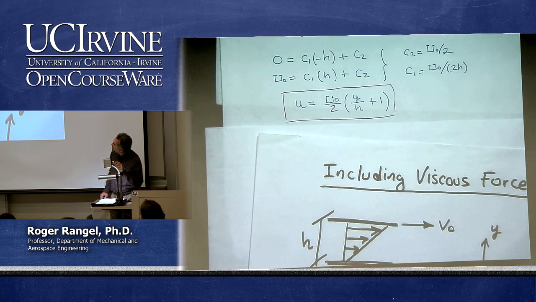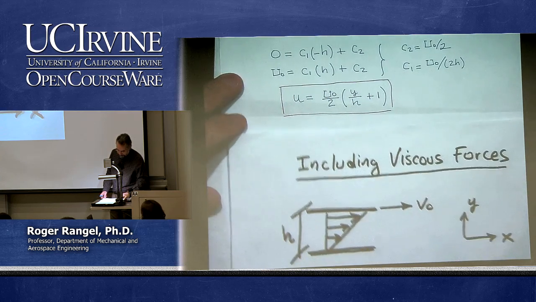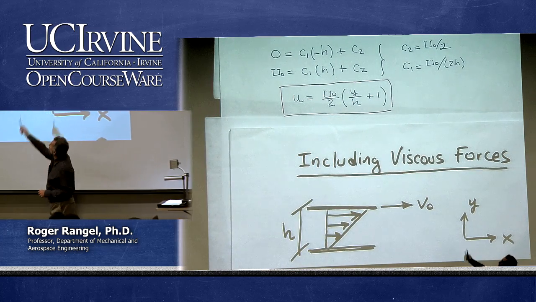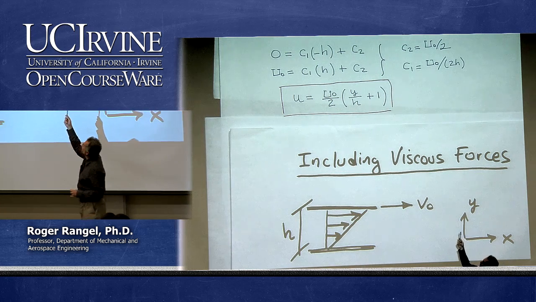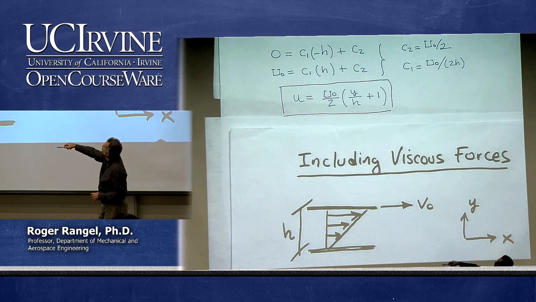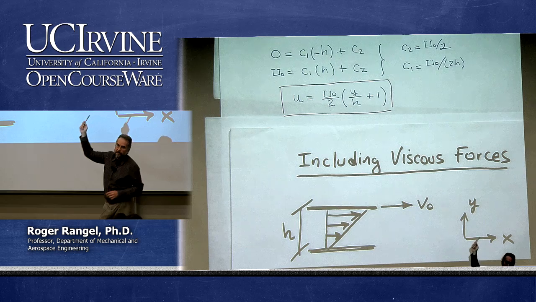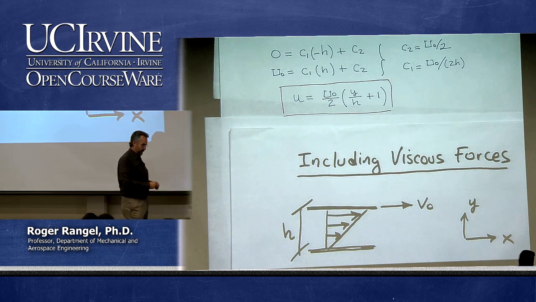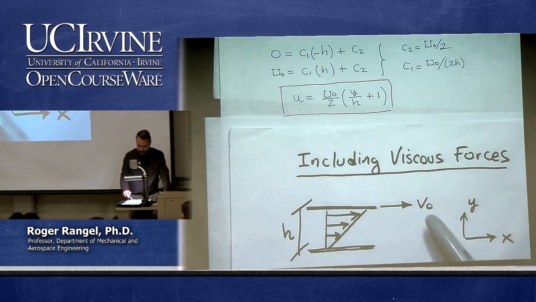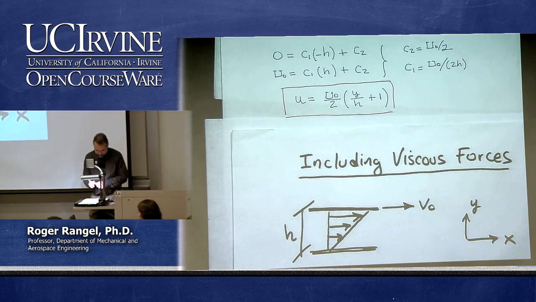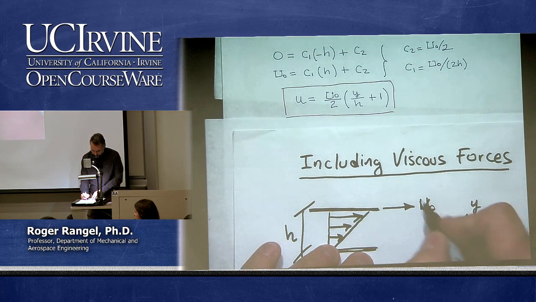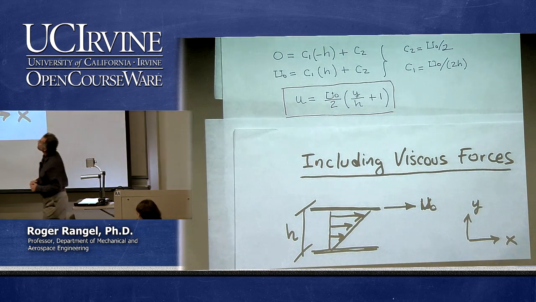You can verify it in that expression. If you plug in y equals minus h, you get 0. If you plug in y equals h, you get u naught. Well, I call it v naught in the drawing here, but this v naught is the same as that u naught. So let's just change this to a u naught. All right. So that's that profile.